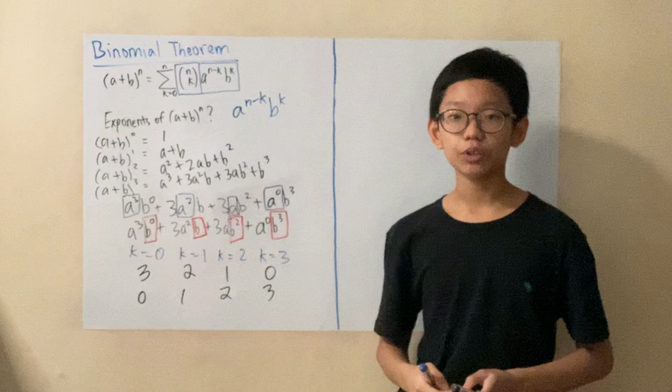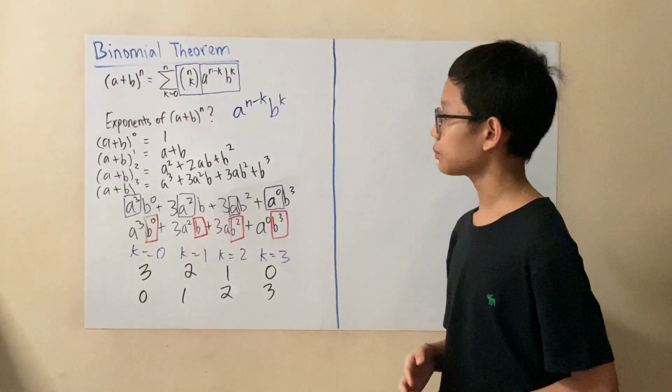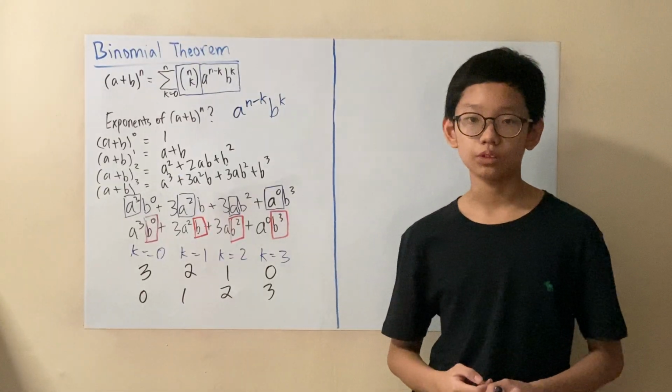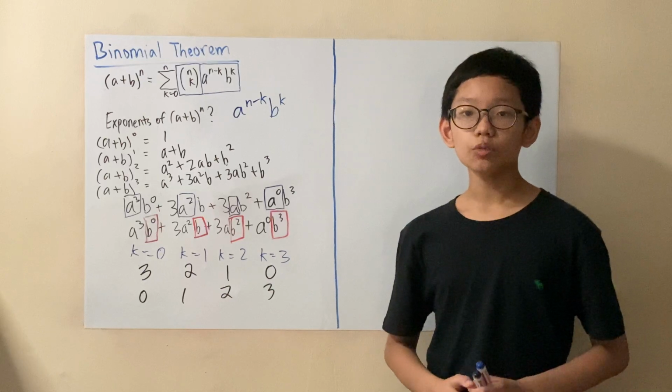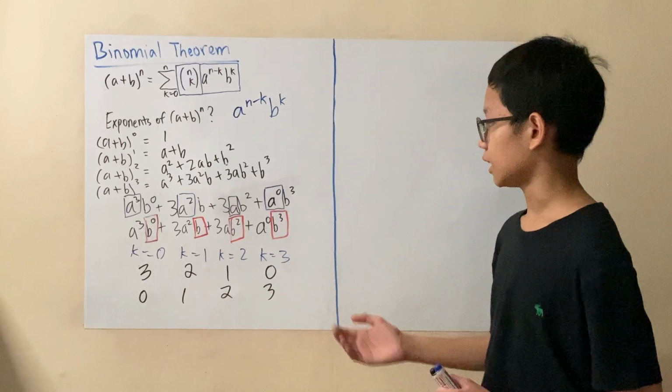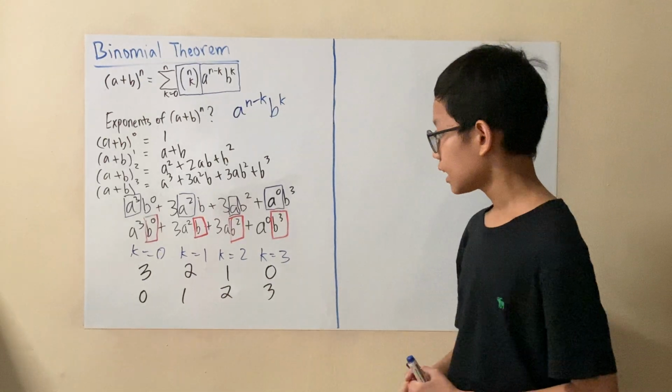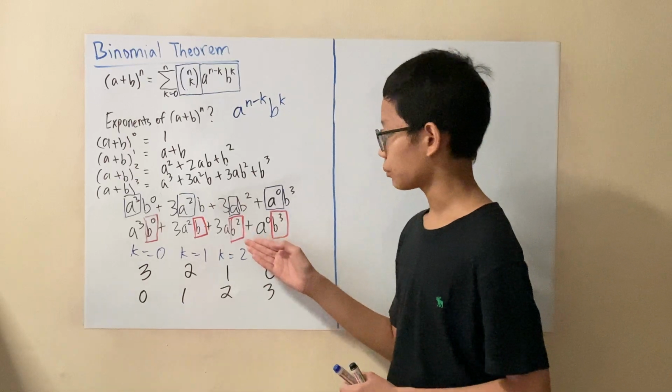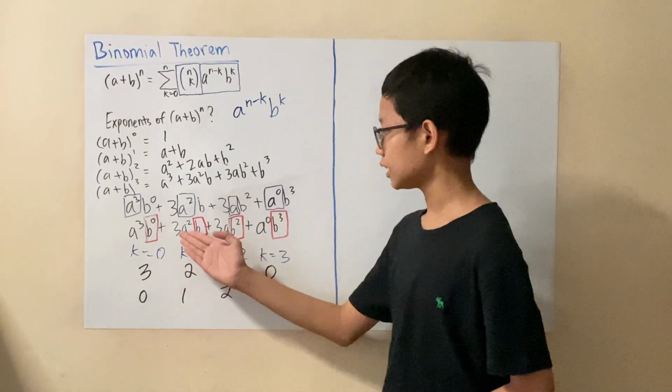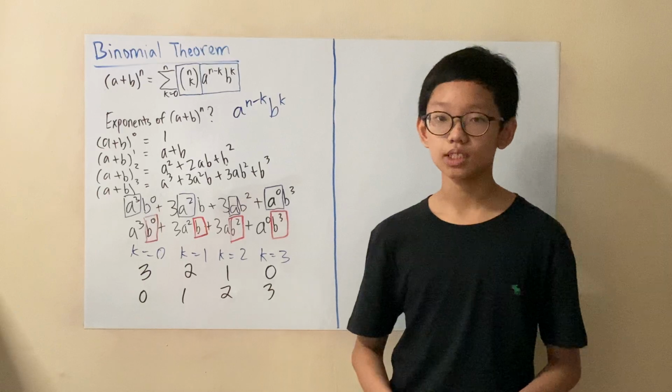Now that we have this expression, we have completed the first part, which is the exponents of (a + b) to the power of n. Now we'll go on to the coefficients, because if you have noticed, having the exponents of the variables is not enough, because there are all these numbers over here, which are the coefficients.